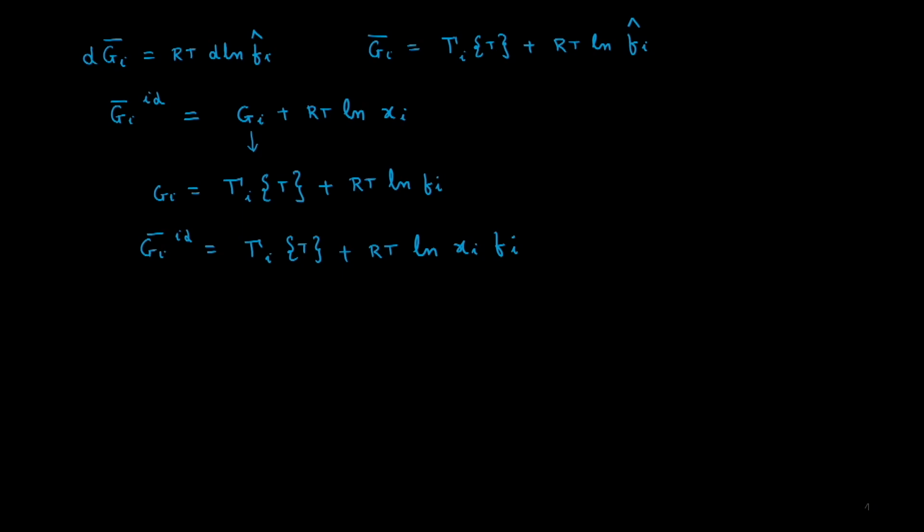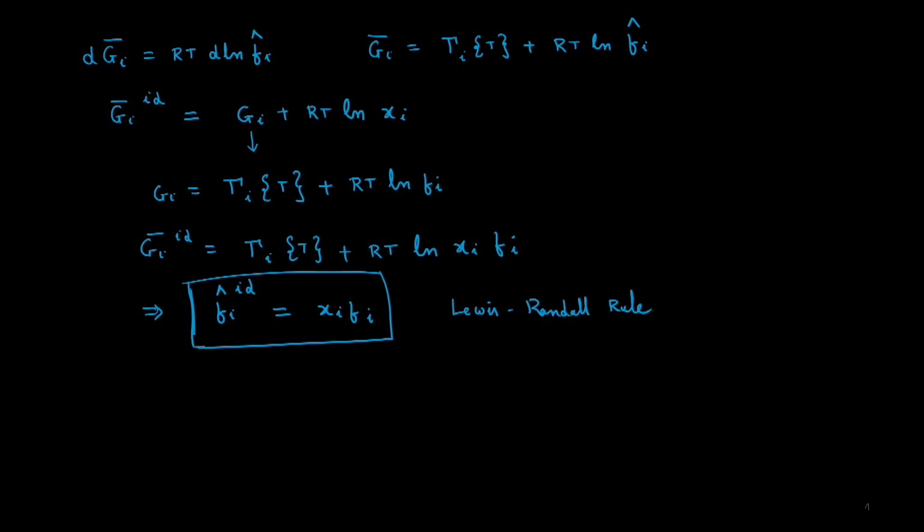If you compare these two equations, what we get is Fi hat in an ideal solution should be equal to Xi times Fi, right? Both these equations are identical. One is written for an ideal solution, one is a general equation. So what this essentially implies is that for an ideal solution, Fi hat ideal should be equal to Xi Fi, and we call this the Lewis-Randall rule.